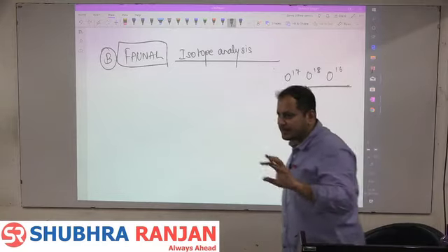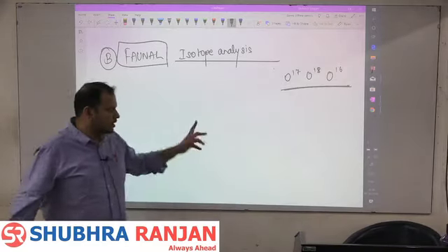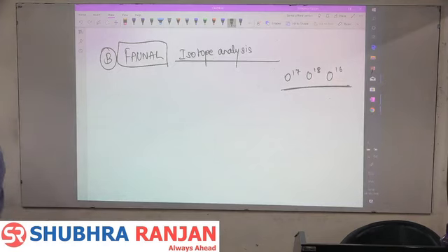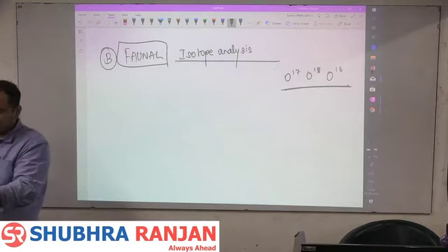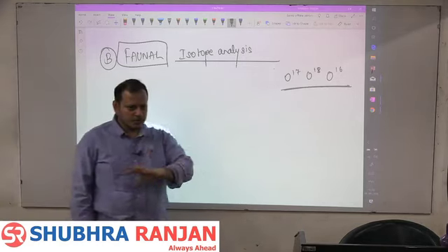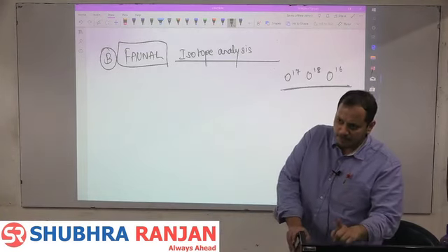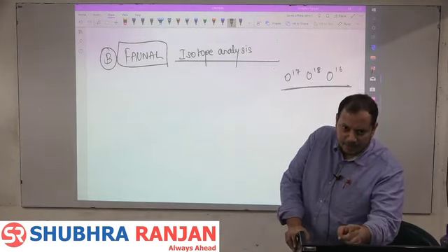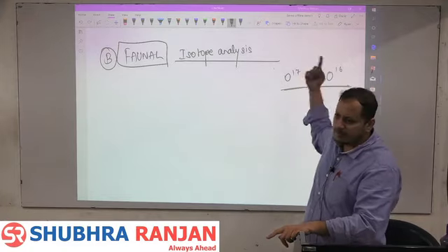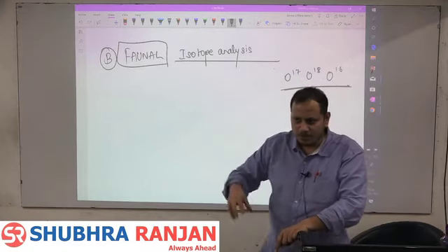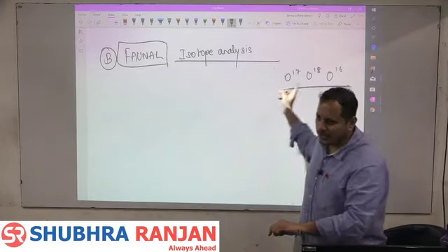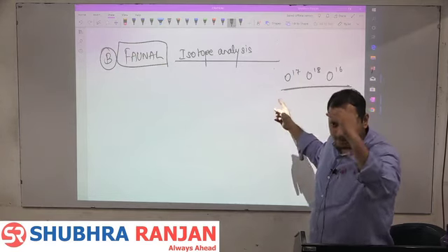What do we mean by isotope analysis? No need to write this, just try to understand. There are 3 isotopes of oxygen in our body: O17, O18, O16. When we die, these oxygen isotopes will be released by our body. But depending upon hot climatic conditions, O18 comes out first. In cold climatic conditions, O16 comes out first.